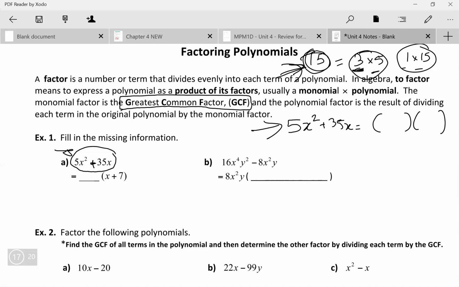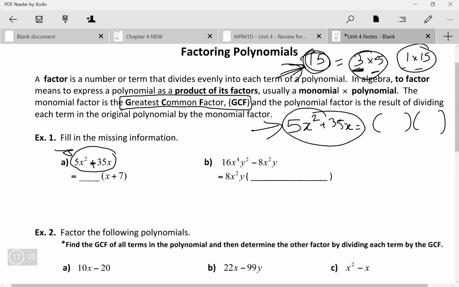So the first thing we do is find the greatest common factor of all the terms in the expression. Again, the entire thing is an expression. Individual things that are separated by plus or minus signs are the terms.